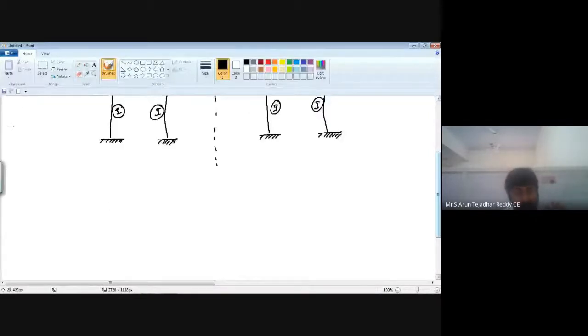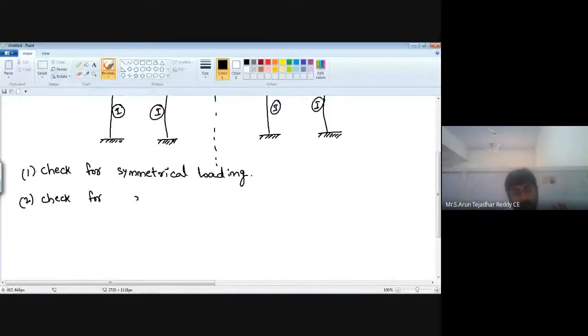The first condition is to check for symmetrical loading. Next, the second one, check for symmetrical EI, that is flexural rigidity, or else only I, the moment of inertia, is given.